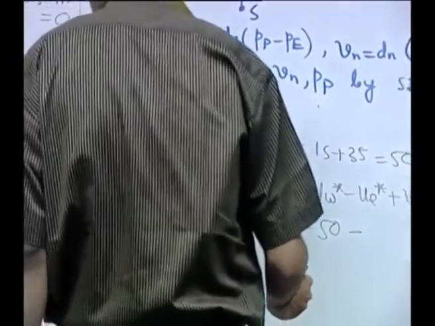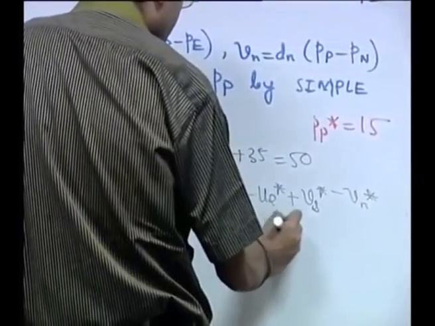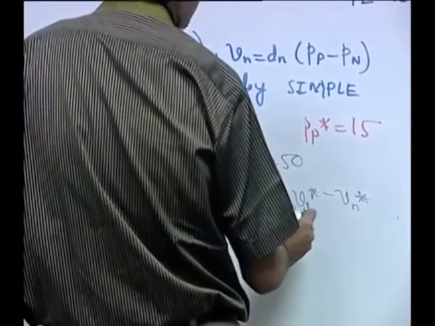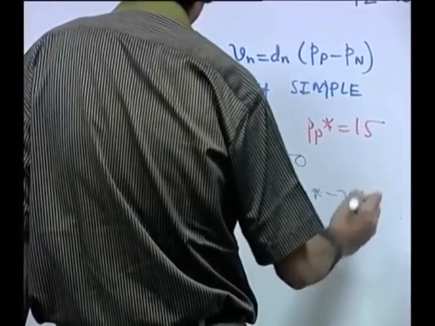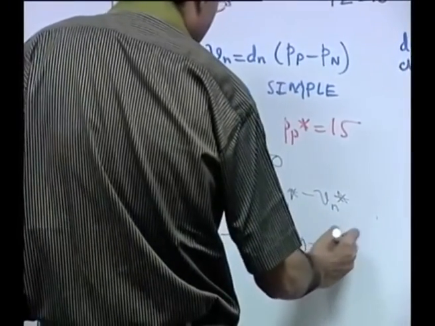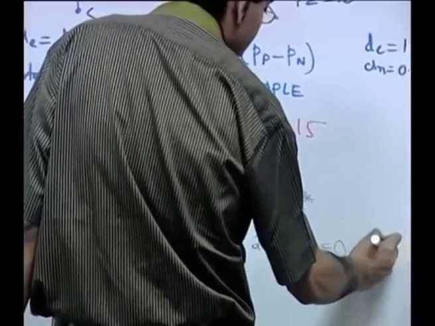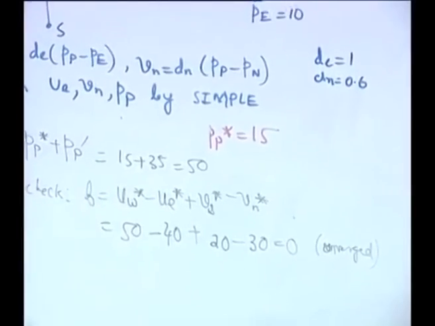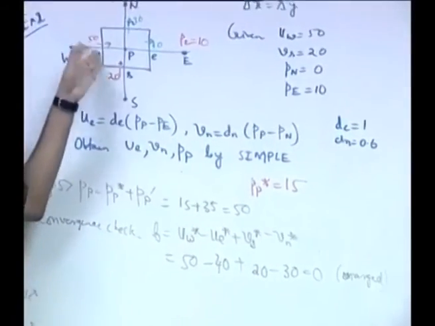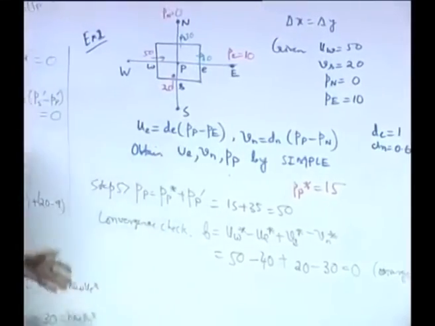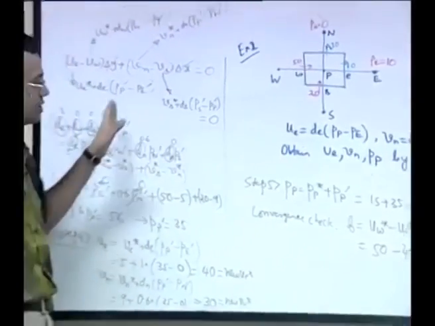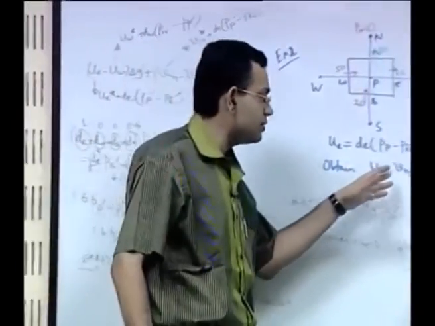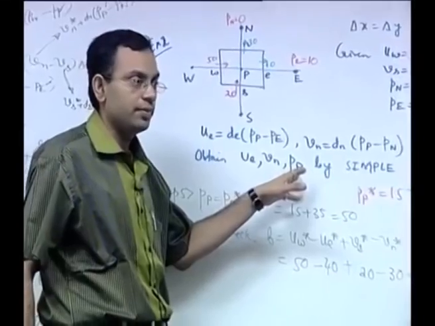So, Ue is 40, Vs is 20 minus Vn is 30. So, this is equal to 0, that means it has converged. So, you can see that the total rate of inflow is same as total rate of outflow over this control volume. So, that means the calculations in this iteration are the converged values for Ue, Vn and Pp.